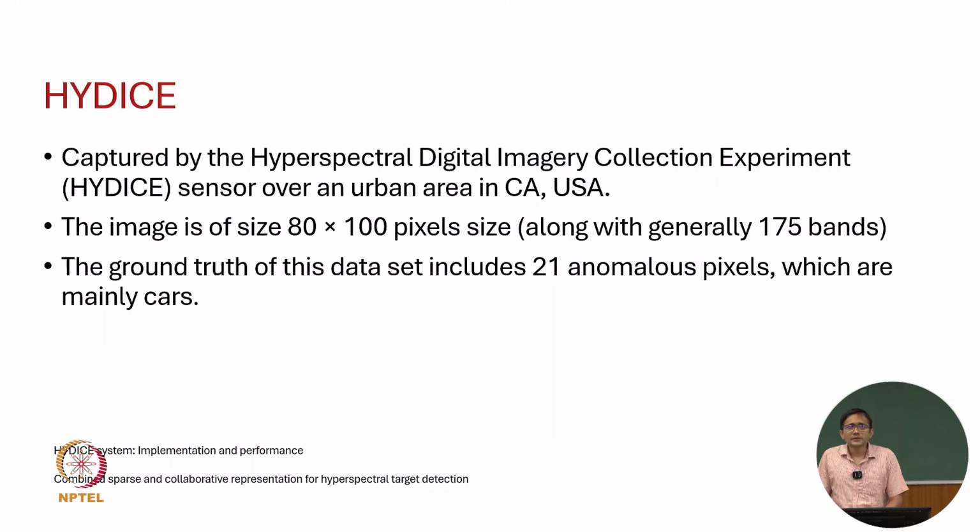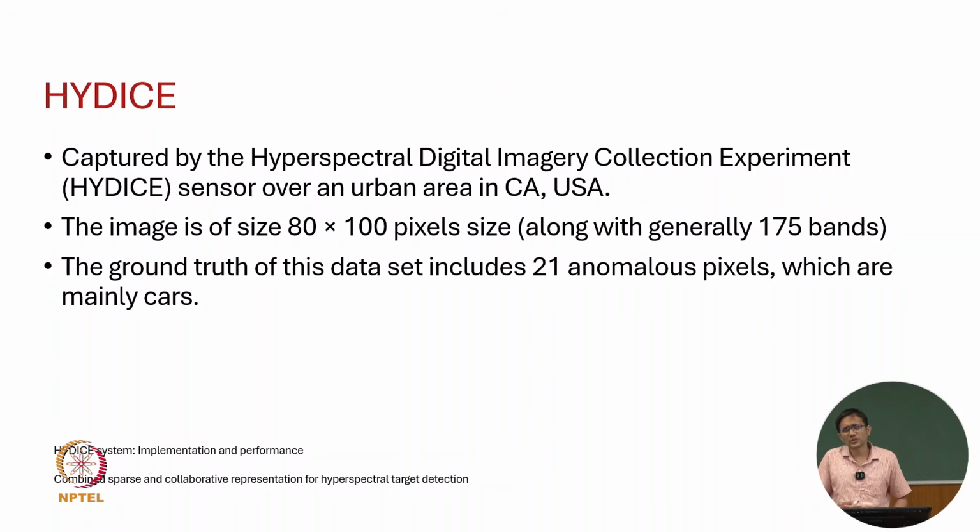Similarly, another popular dataset is HYDICE. This is captured over an urban area in United States. The image is of size 80 cross 100 pixels, and depending on what pre-processing has been applied, the number of bands may vary.